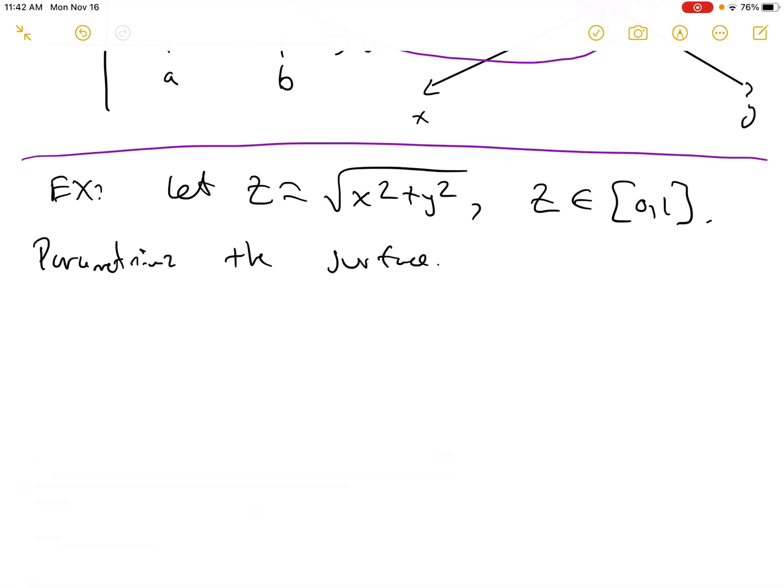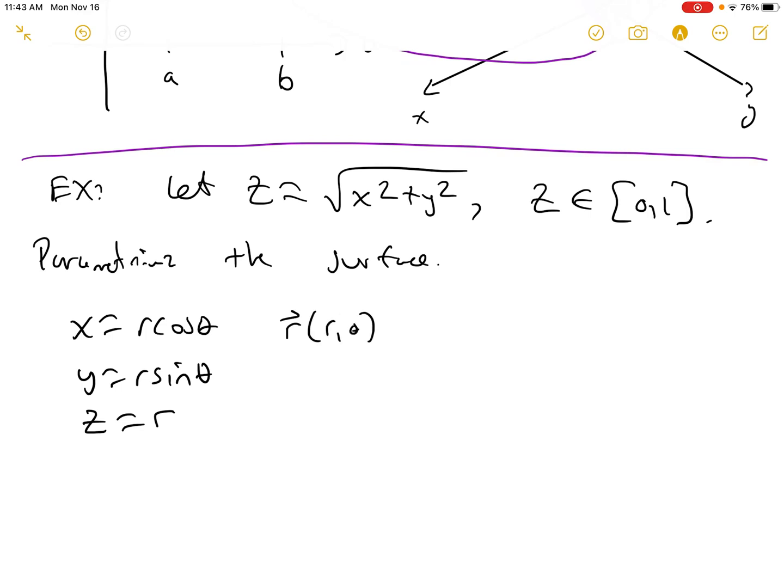What I'm going to do is I'm going to let X be R cos theta, Y is R sine theta, and Z turns out to be R. Okay, so the parametrization, so yeah, R is U and theta is V, is, well, what is it?